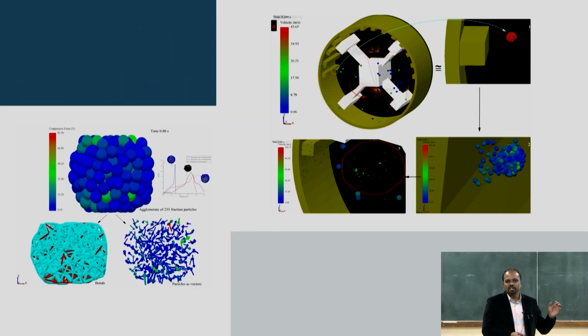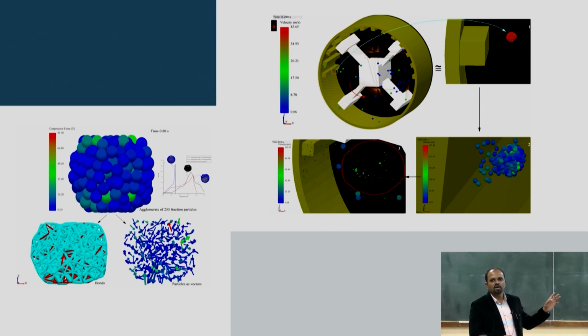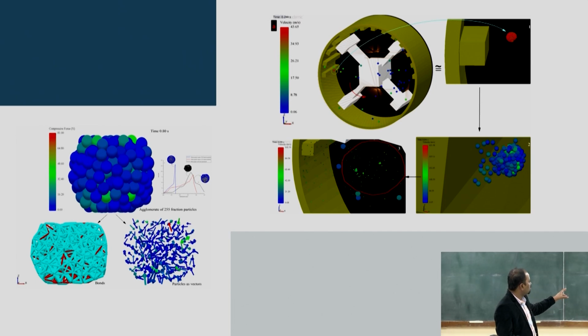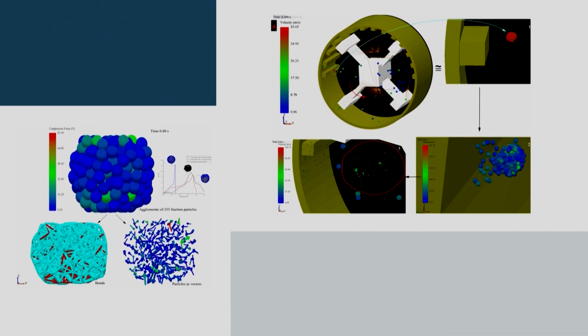Then once the grain enters the mill, like I told you, we developed a bonded particle model for the pepper. On the left bottom side, you can see the bonds within the pepper seed, shown by red, some cyan, and bluish colors through the vector diagram. Each particle is represented by vectors, and we compress this particle in a universal testing machine and observe the force-deformation characteristic of the particle.